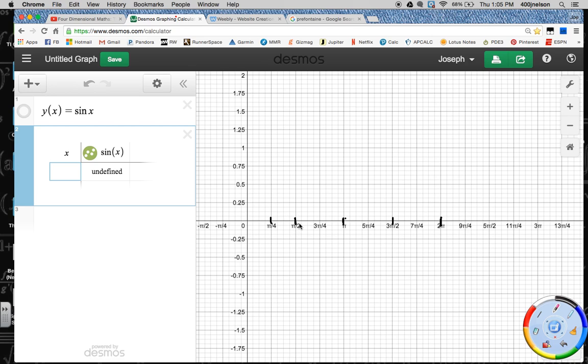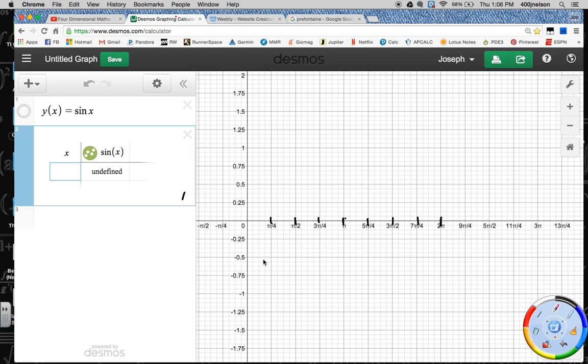So 1 quarter, 2 quarters, 3 quarters, 4 quarters, 5 quarters, 6 quarters, 7 quarters, and 8 quarters. Now on Desmos here, obviously I can go as far as I want. And on the y-axis, you need to go up to 1 and down to -1.